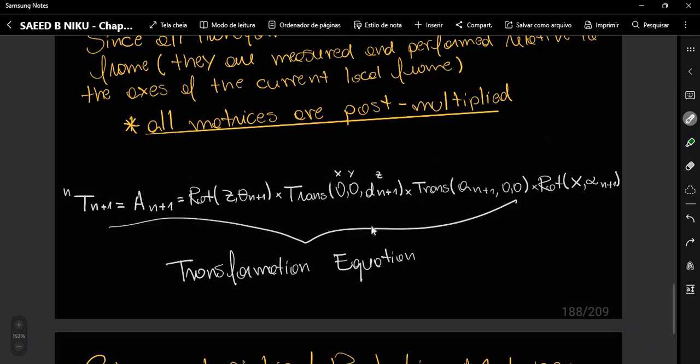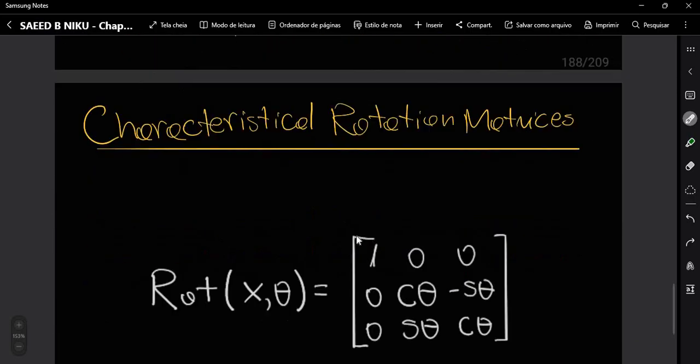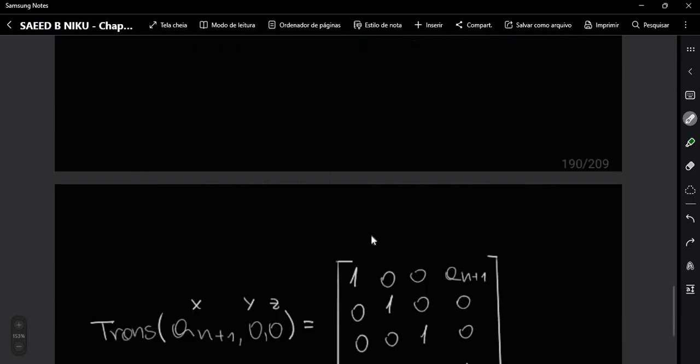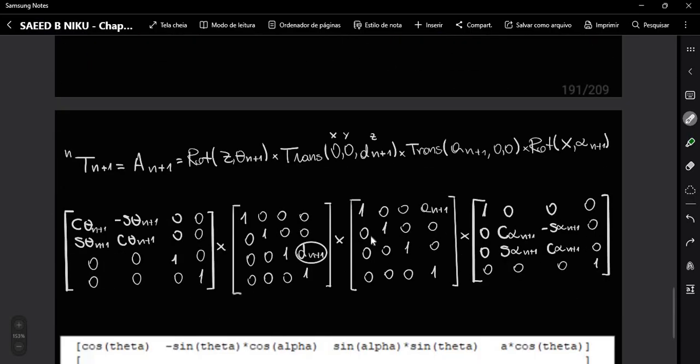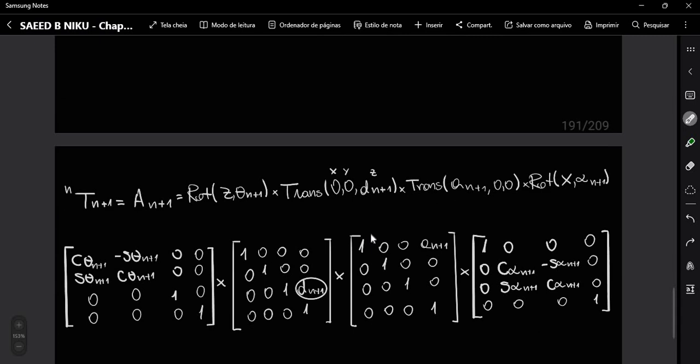So this sequence of motions is translated into transformations, and with these transformations we write this total transformation matrix, which is also our kinematic equation.